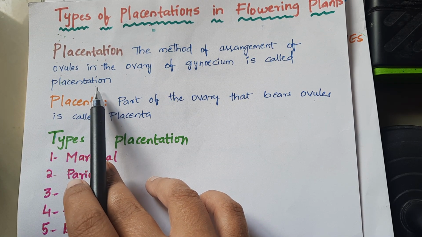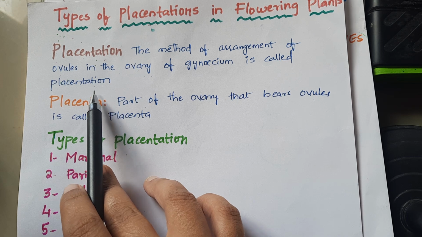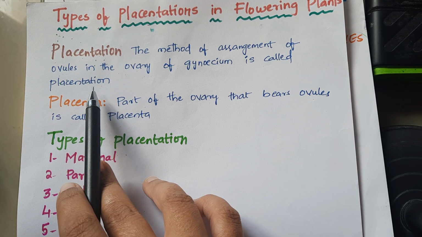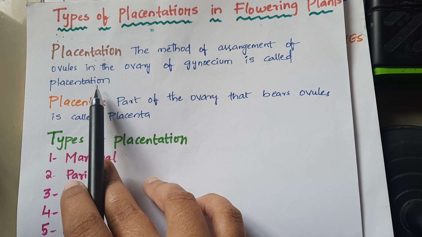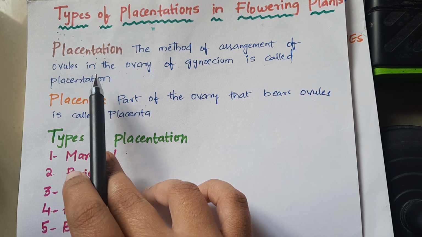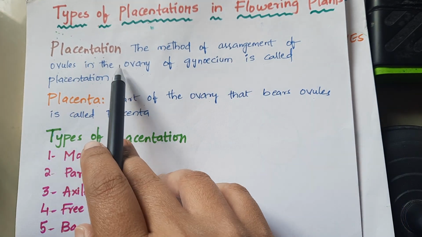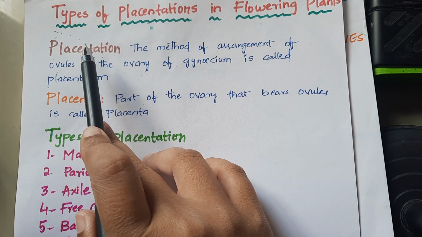What we studied is that inside the ovary ovules are there. So the type of arrangement, how the ovules are arranged in the ovary, that method is known as placentation.